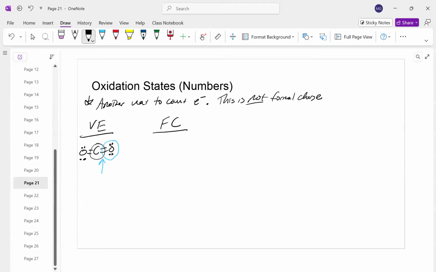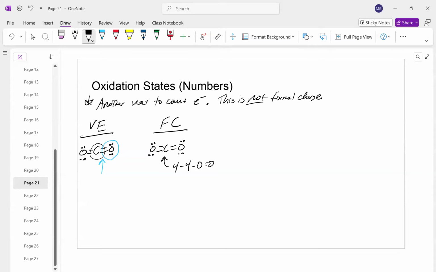Now, another way that we counted electrons was to calculate formal charge. So again, I'll draw carbon dioxide here. The way we calculate formal charge, for example for the carbon, is we take its number of valence electrons, which we get off the periodic table, minus the number of bonds it has around it, then minus how many non-bonding electrons there are. So the formal charge for carbon was 0.